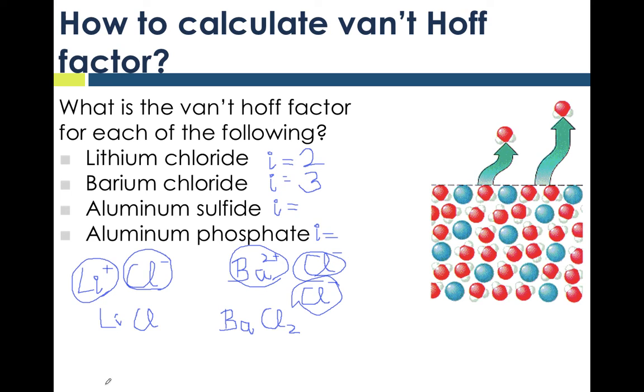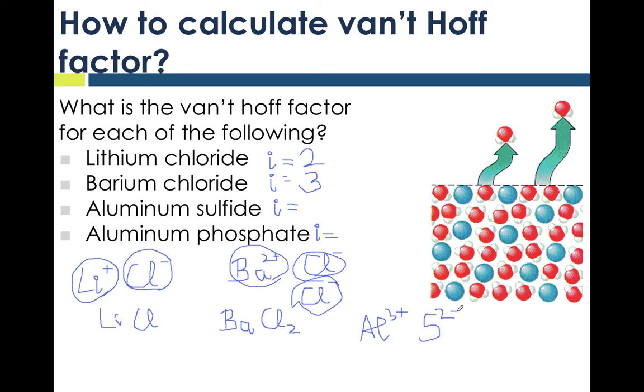Now let's try to figure out the Van 't Hoff factor for aluminum sulfide. Looking at the formula, aluminum is 3+, and sulfide, which is just sulfur on your periodic table with a charge, has a 2- charge.